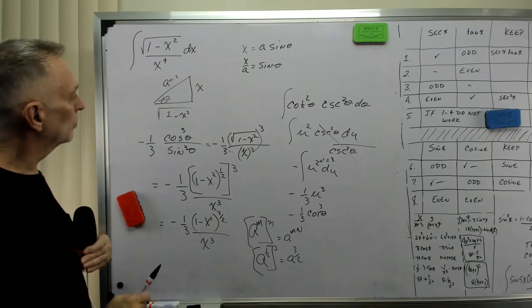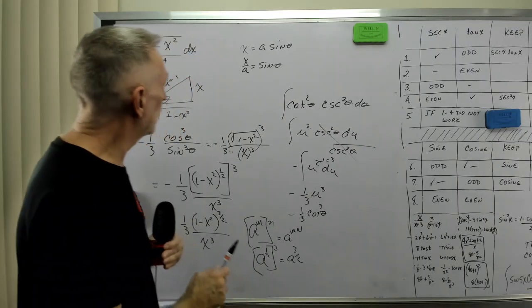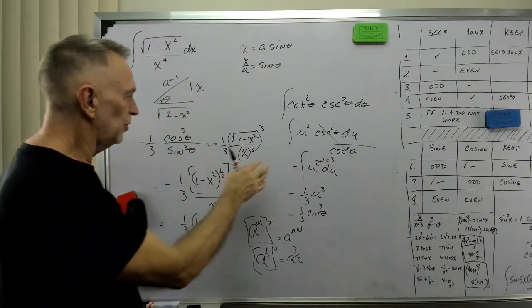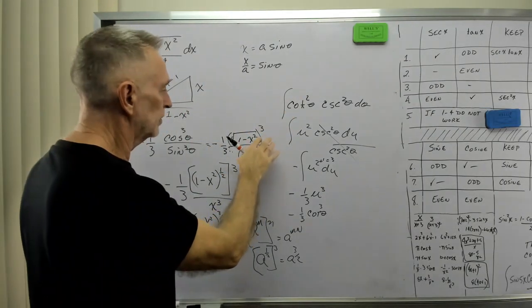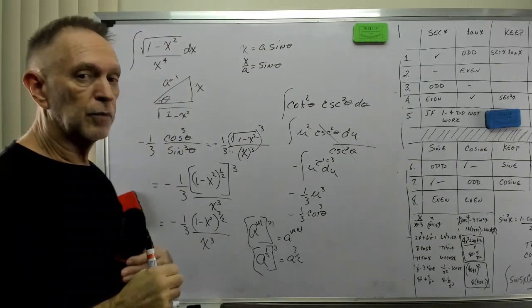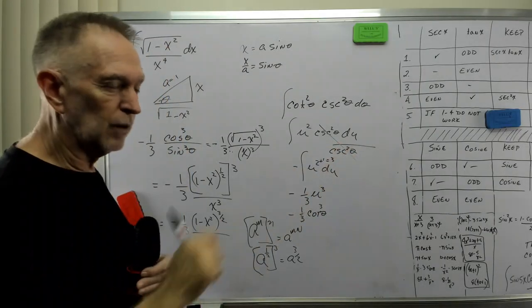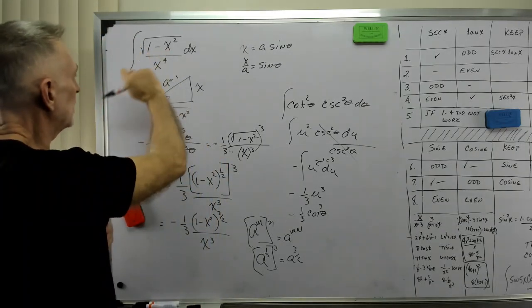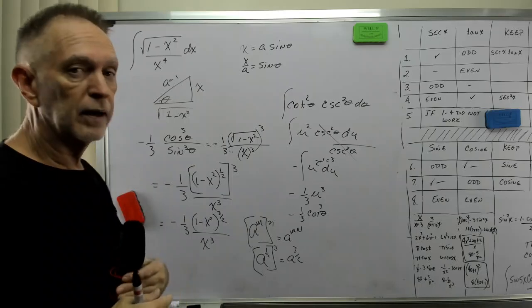Okay, fairly simple problem. If you knew various identities, you could look at that and understand, whoa, that looks like 1 minus sine squared. So this becomes an a squared minus x squared format.